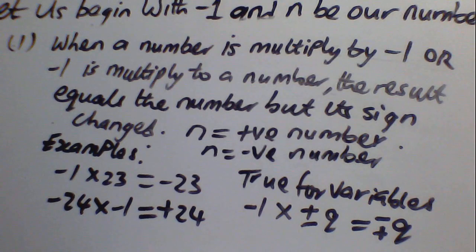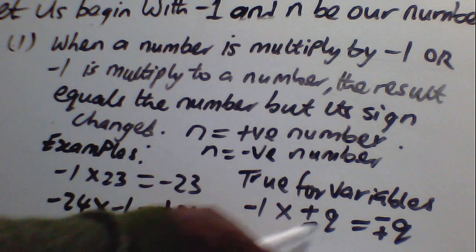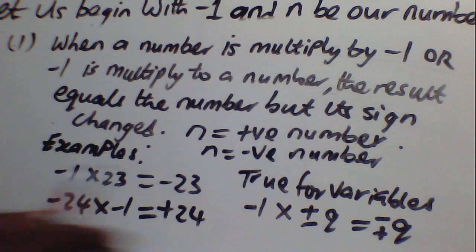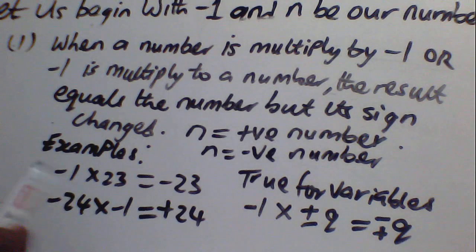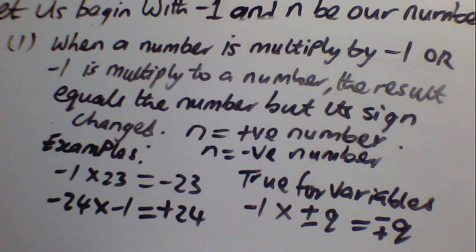So you understand it? True for variables, minus 1 multiplying plus or minus q is equal to minus or plus q. The sign will change, but the result is equal to the variable, or is equal to the number. So minus 24 multiplying minus 1 is equal to plus 24. So this is one thing, the secret you have to know about minus 1.